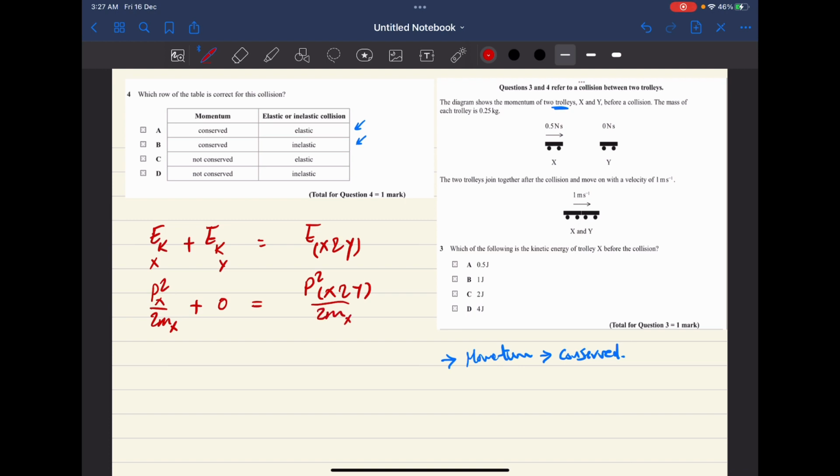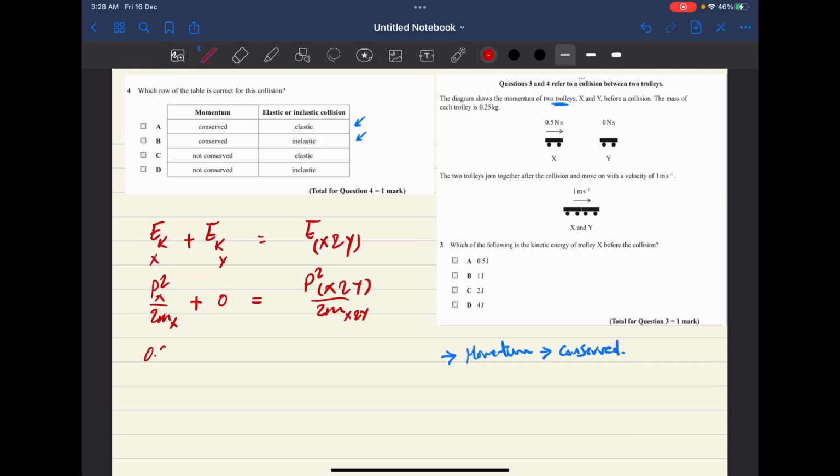Note that it's x and y together as combined masses. 0.5 squared for x divided by 2 times 0.25. It's not needed to do this calculation because we have done it already in the previous one, which was 0.5 joule plus 0 equals.